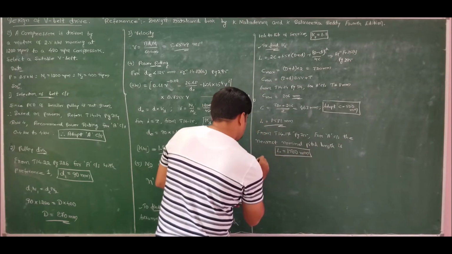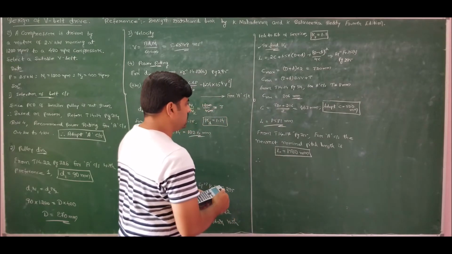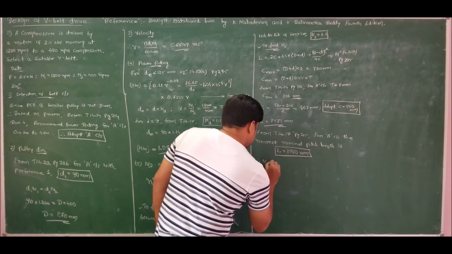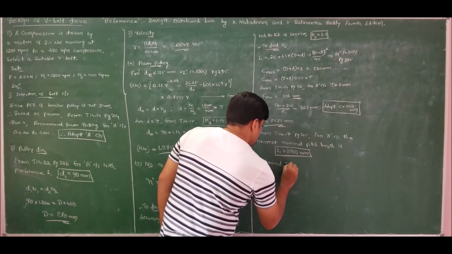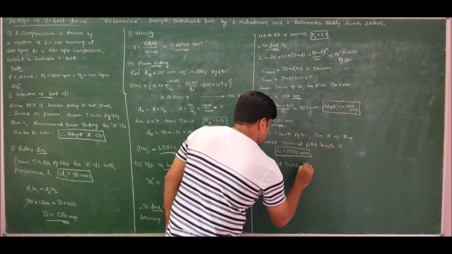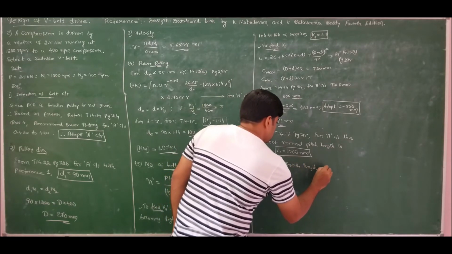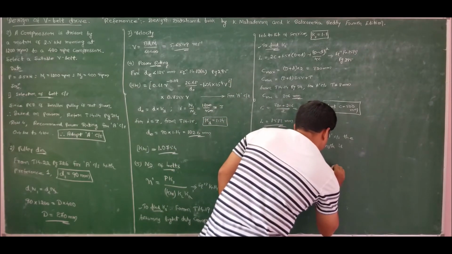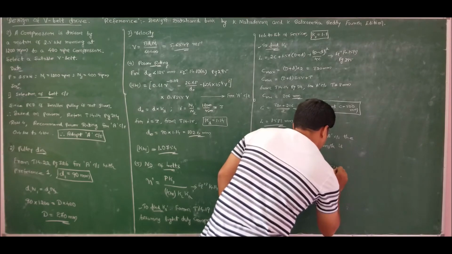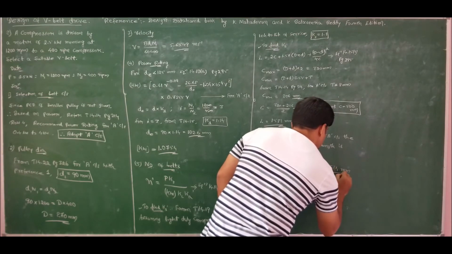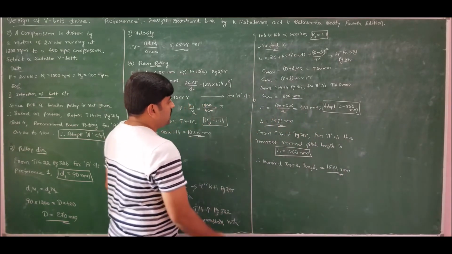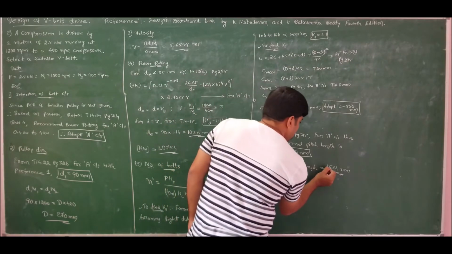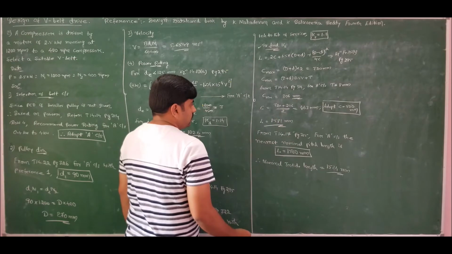So therefore, for L equal to 1560 and A cross section, from the same table we have the nominal inside length as 1524 millimeters. So we have found out that the nominal pitch length is 1560 mm, whereas the nominal inside length is 1524 millimeters for this V belt drive.